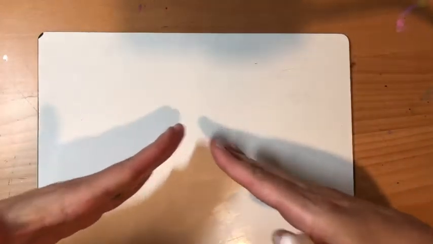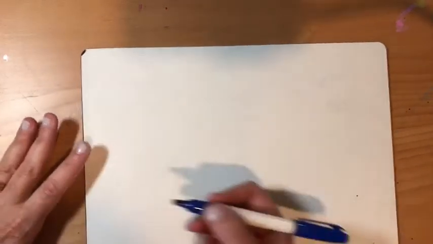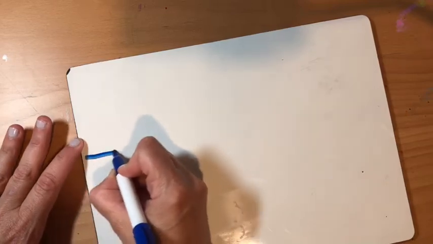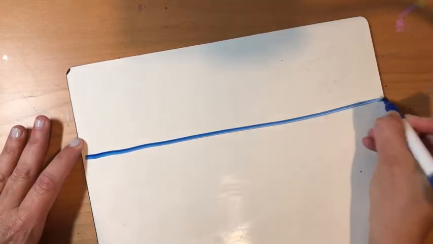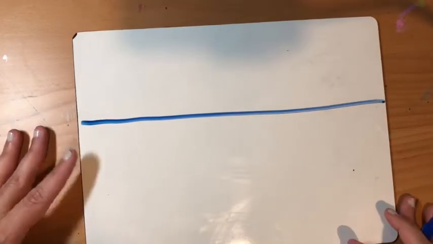Okay, so basically when we use 1-point perspective, what we're trying to do is create the illusion of depth in our paper. We want it to look like we could go back into our paper. Let me show you an example. Let's say this is my horizon line where the sky meets the ground. Think about a railroad track.